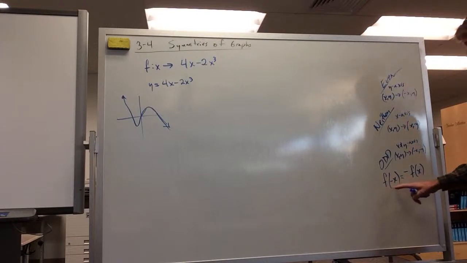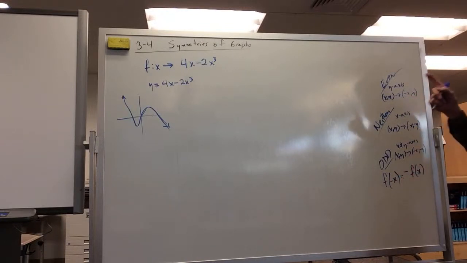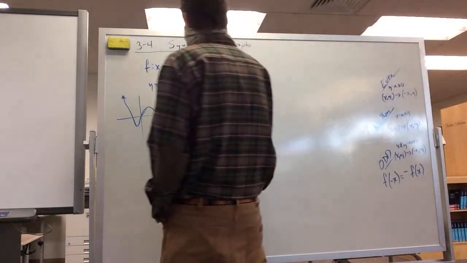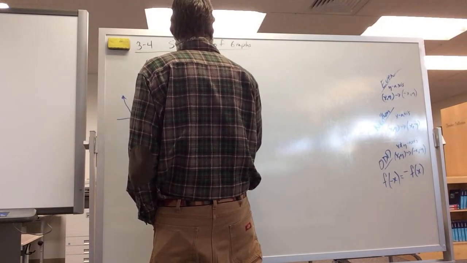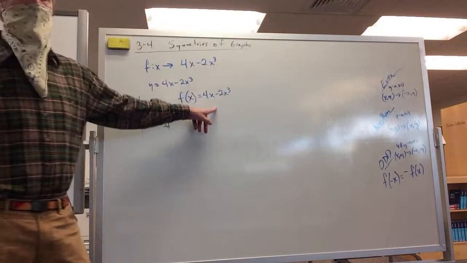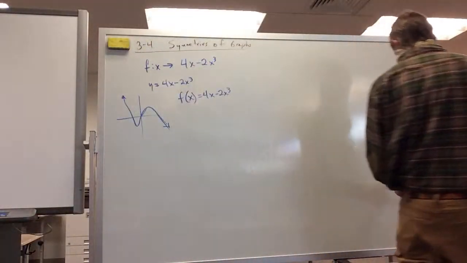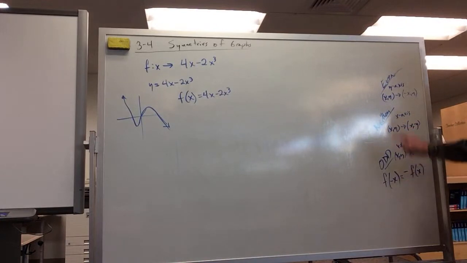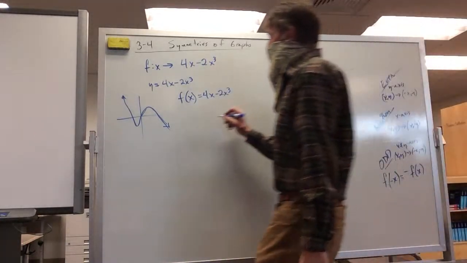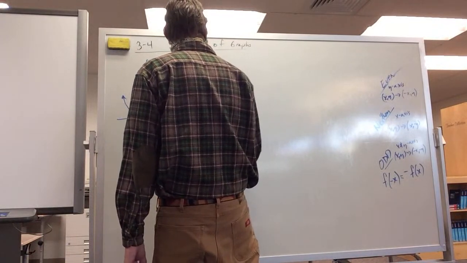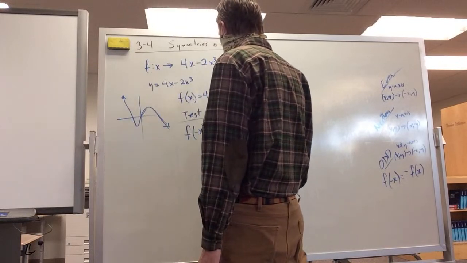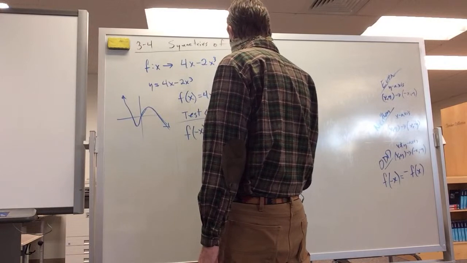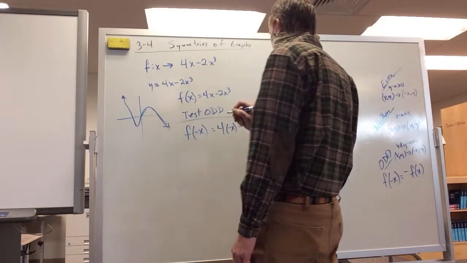So what we do is we look at the function, f of x. That's the outcome. This is f of x right here, 4x minus 2x cubed. So this is the function when x goes in. Now we have to put negative x in and see if we get the opposite of that. So we're going to test odds. f of negative x is equal to 4 times negative x minus 2 times negative x cubed.